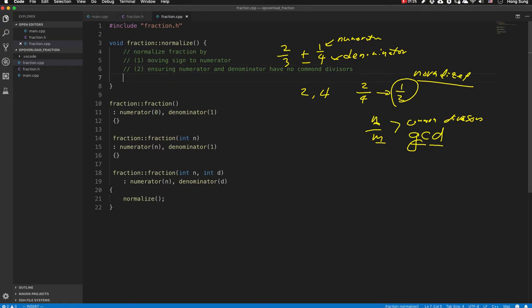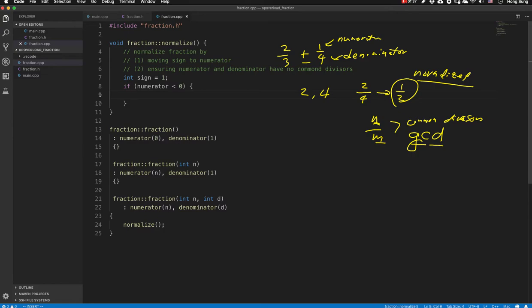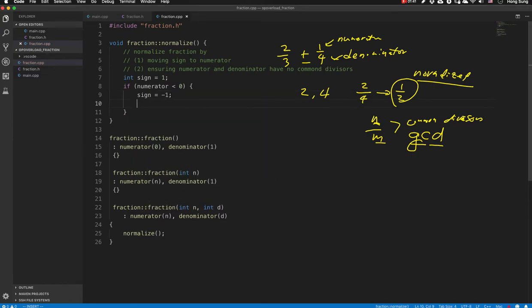So let's take care of the sign first. Integer sign is positive; if the numerator is negative, then sign is negative, and then we change the numerator to its negative, so that the numerator is a positive value but the sign flag is negative now.